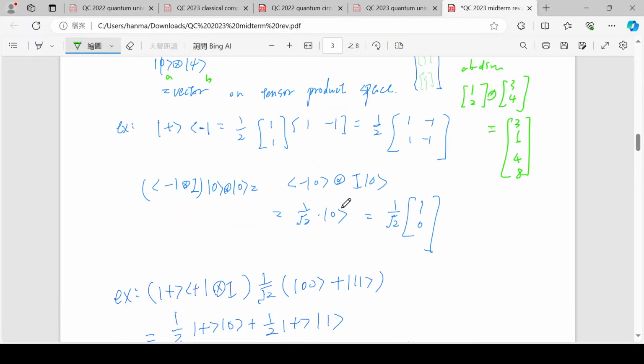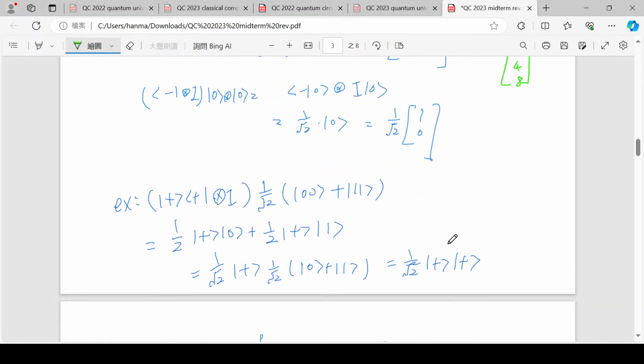It's identity on 0, and also a number from the first slot, which is the inner product of minus and 0, is 1 over square root 2, so you're left with 1 over square root 2 times 1, 0. Okay. And I have more examples.